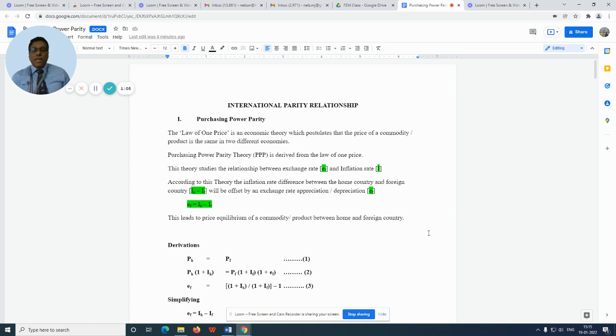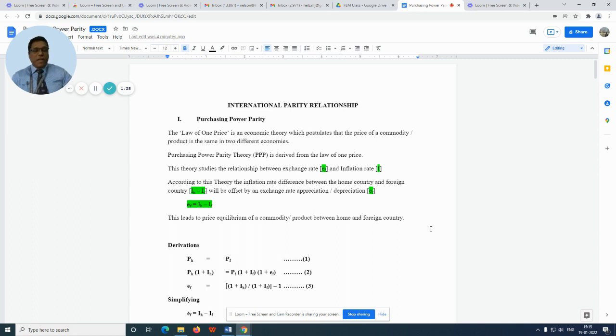According to this theory, the inflation rate difference between home country and foreign country, that is, inflation in the home country minus inflation in the foreign country, would be offset by an exchange rate appreciation or depreciation. That is, the value of the foreign currency would either appreciate or it would depreciate.